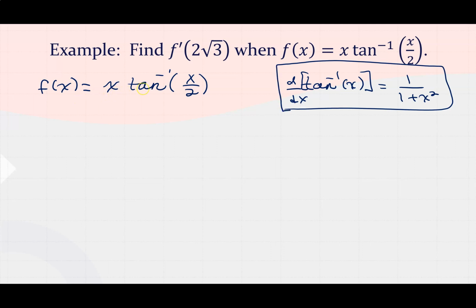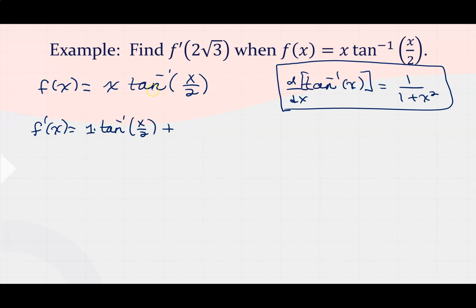We are in a product rule situation. So f prime of x will equal the derivative of the first, which is 1, multiplied by inverse tangent of x over 2, plus the derivative of the second times the first.